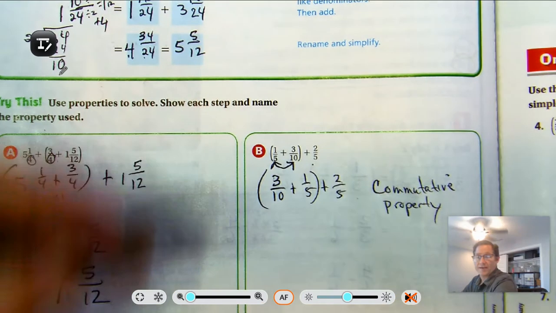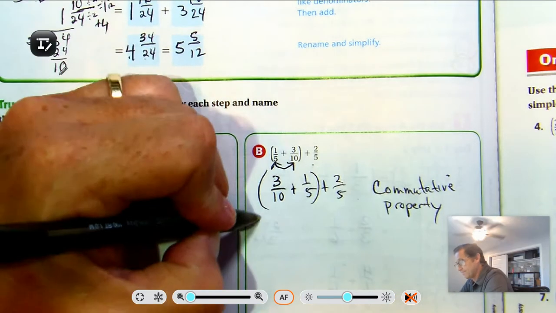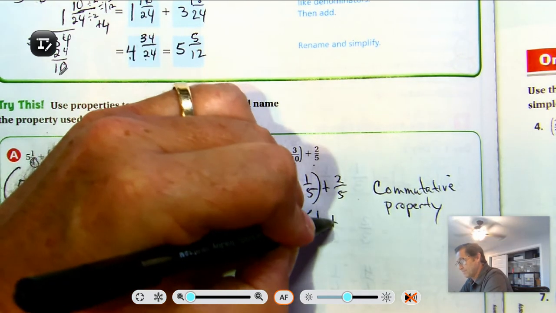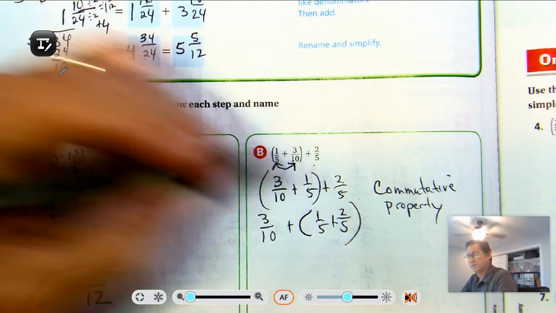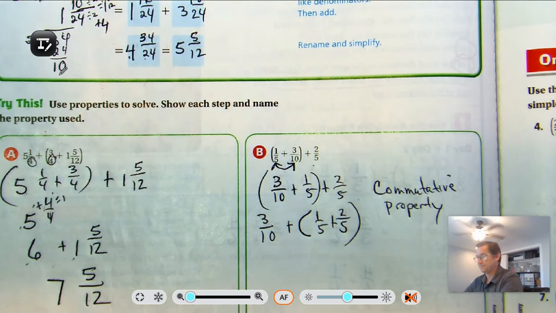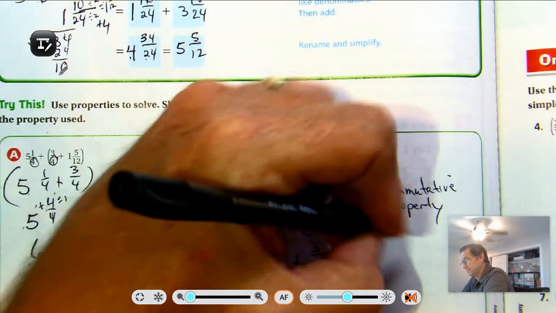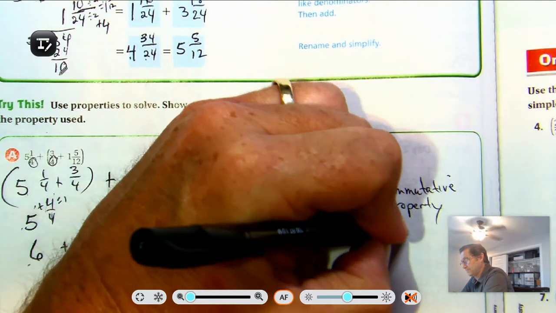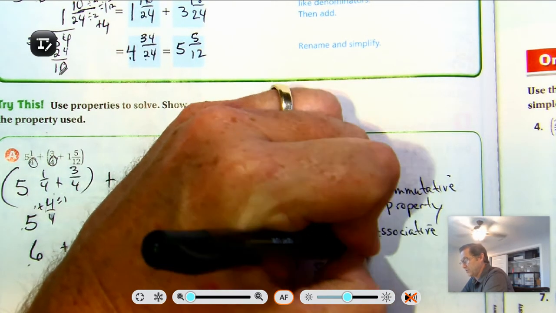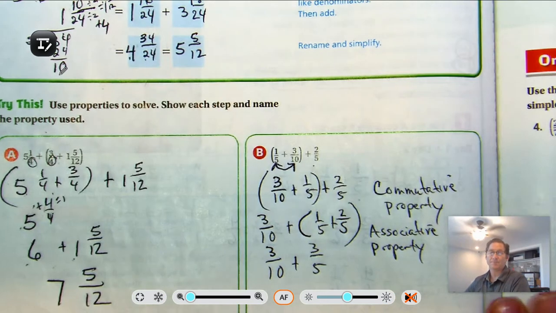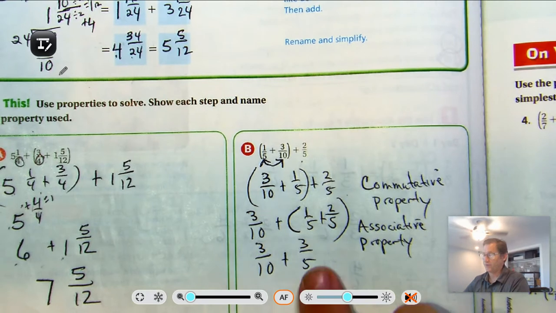Okay, now I can use the associative property to group 1/5 and 2/5. And the associative property, or grouping property, is what allows us to do that. So 1/5 plus 2/5 is 3/5.